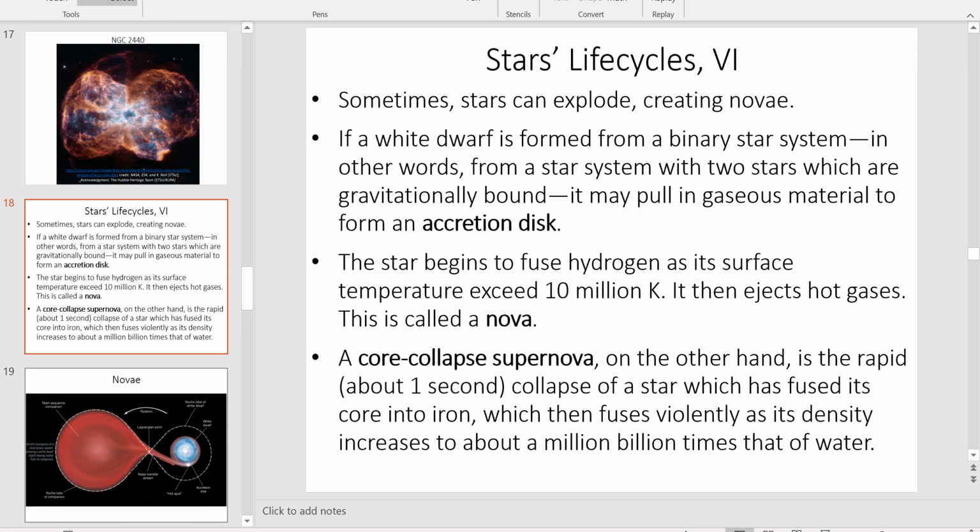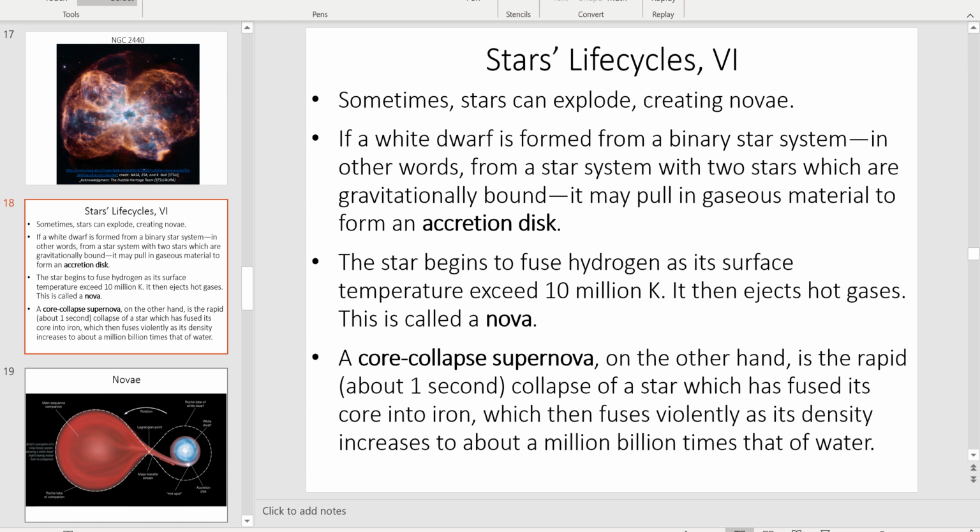Let's talk about what happens when stars die when they're even more massive. In other words, even more interesting ways that stars can die. If a star begins its life with a tremendous amount of mass, then it can eventually explode, creating what's called novae.